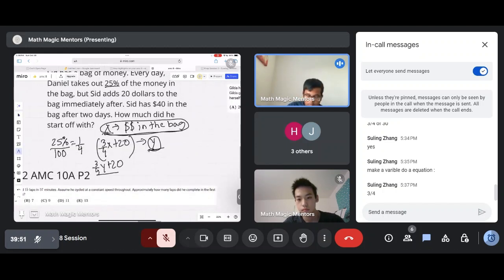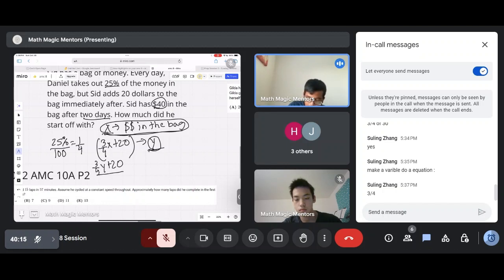So three-fourths Y plus 20, and we say that Sid has $40 in the bag after 2 days, right? So we can solve for Y, and then we can solve for X, because I think that making one equation out of X could get a bit messy. So just in terms of organization, I'd like to just solve for Y and then solve for X, right?